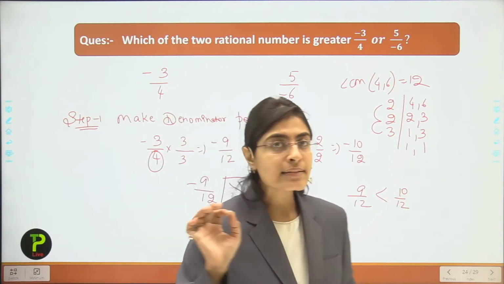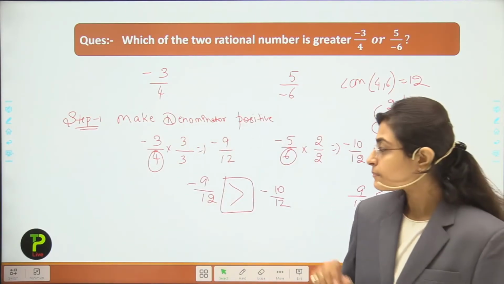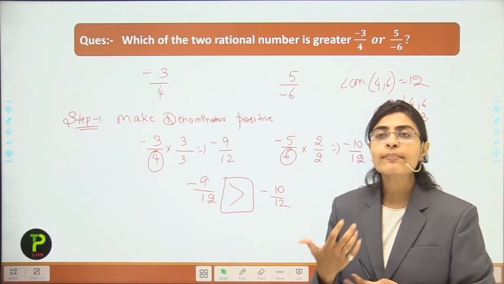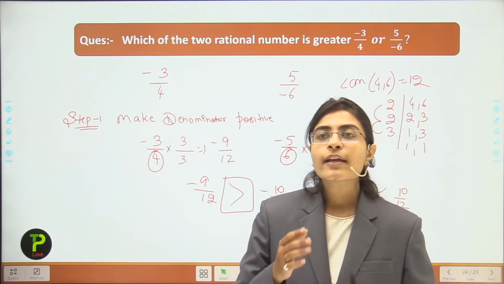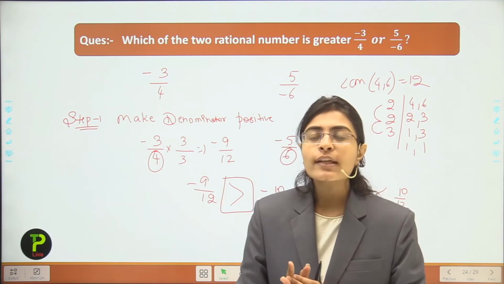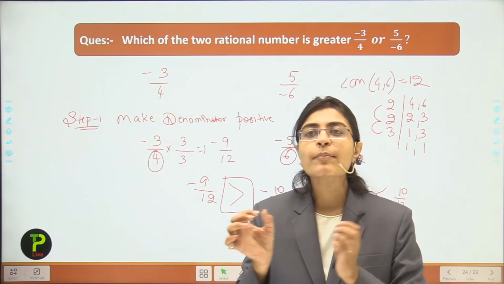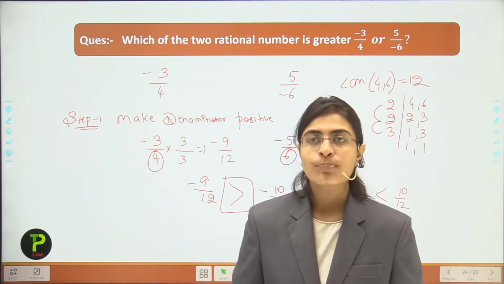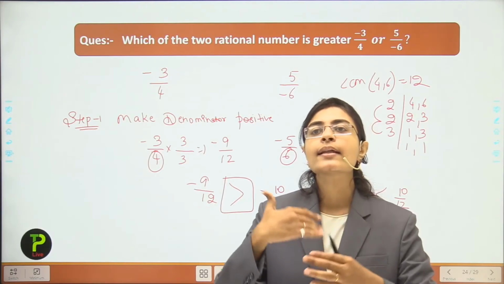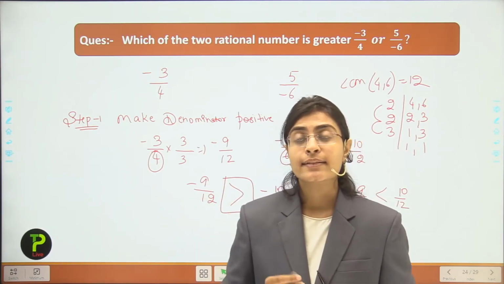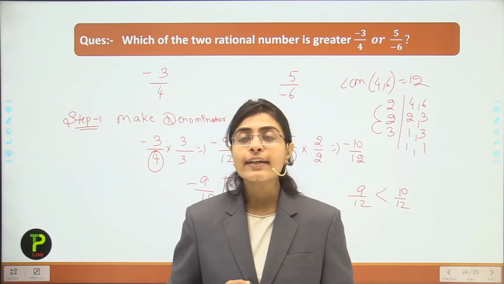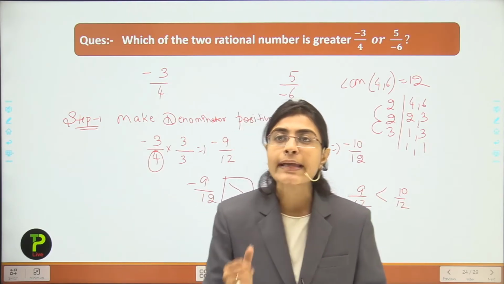This is the first method. And the second method is in negative sign. The greater the value of the number, the greater will be its negativity. As the number increases, its negativity increases, and as the negativity increases, the value of the number decreases.